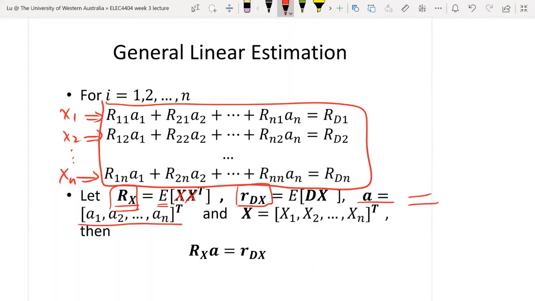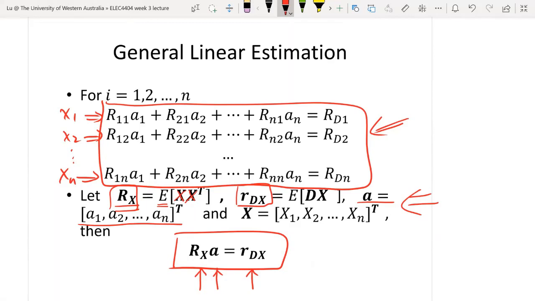So by using these notations, these groups of equations are summarized into one single equation: the correlation matrix of the observations, multiplied by the vector of coefficients of this linear minimum mean square error estimator, is equal to the correlation between the desired signal and the observation. Looks pretty long, but this is a really compact form and very useful.